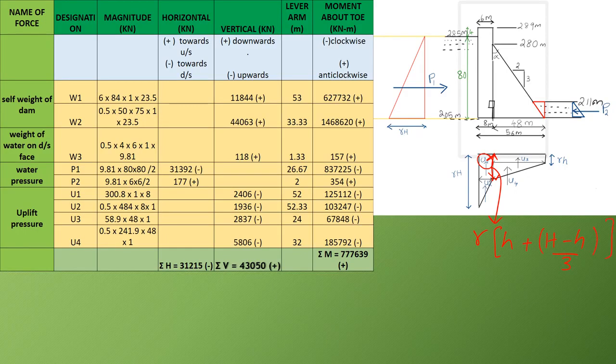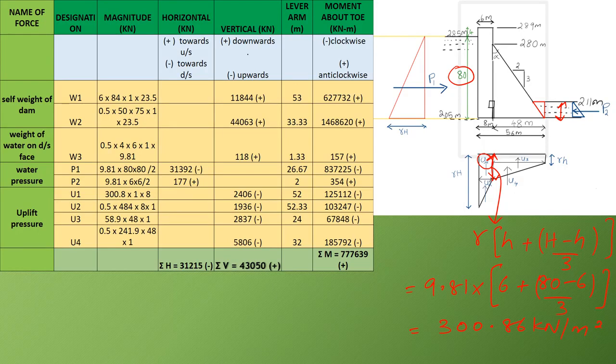So that is equal to 9.81 multiplied by small h, that is the tailwater height 6, this height, plus capital H, which is the upstream water level 80, minus small h, that is 6 by 3, which is equal to 300.86 kilonewton per meter square.